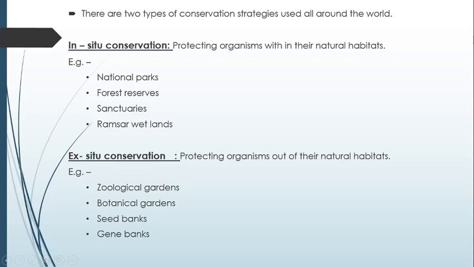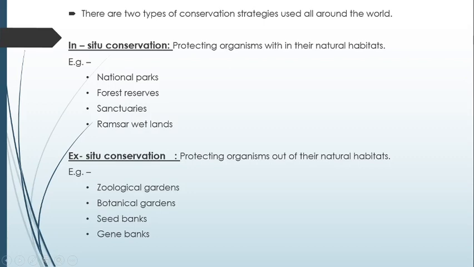In Sri Lanka we can see the zoological gardens in Ridiyagama, Dehiwala, and Pinnavala, and there are some botanical gardens also in Sitawaka, Peradeniya, Haggala. Those are botanical gardens which conserve the plants as ex situ conservation.